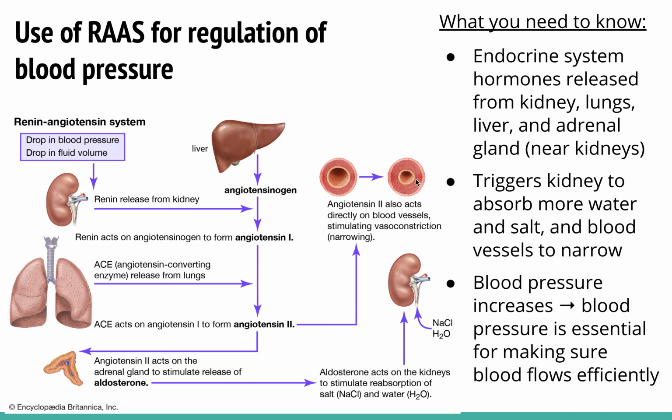This may not seem like a huge deal, but encouraging your kidney to take in more water and salt, as well as shrinking your blood vessels, is going to increase your blood pressure, and higher blood pressure means that blood flows through your body more quickly and easily. If you have too low blood pressure, you might sometimes feel faint or fuzzy if you stand up too quickly because your blood isn't pushing through your tissues as much as it should.